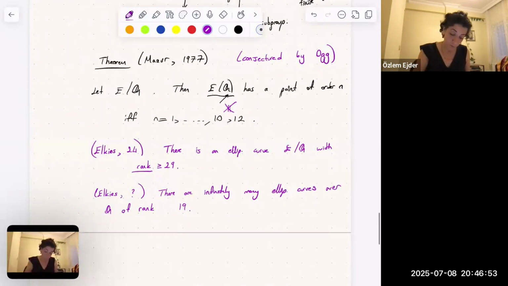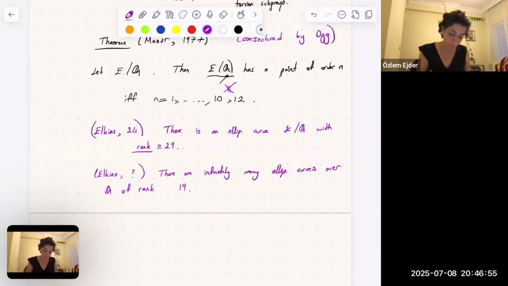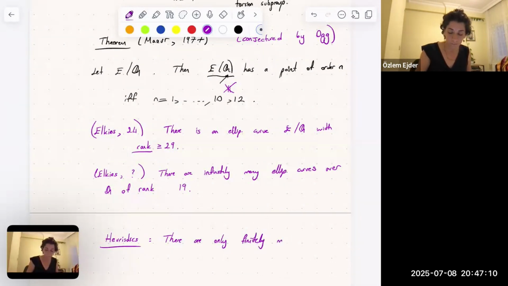But then there are some heuristics, no theorem, nothing proven. There are some heuristics that say that there are only finitely many elliptic curves of rank greater or equal to 21.